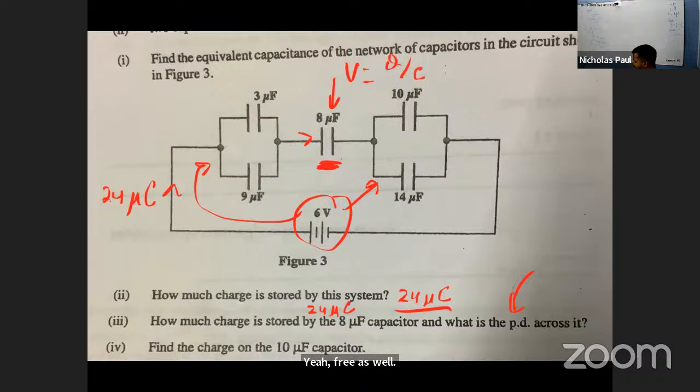V equals Q over C. So that's 24 micro over 8 micro. So you end up with 3. Right, so it's 3.